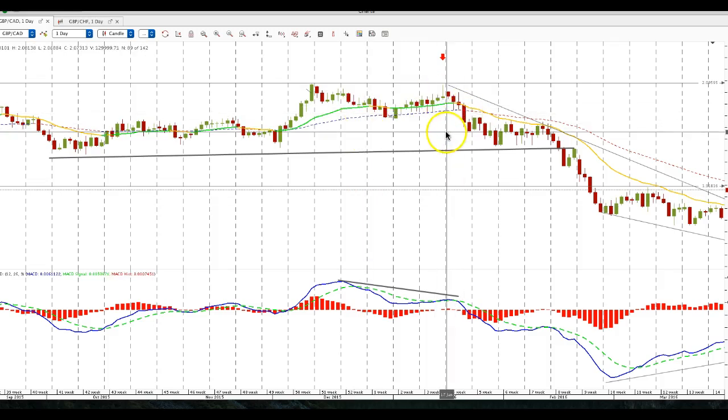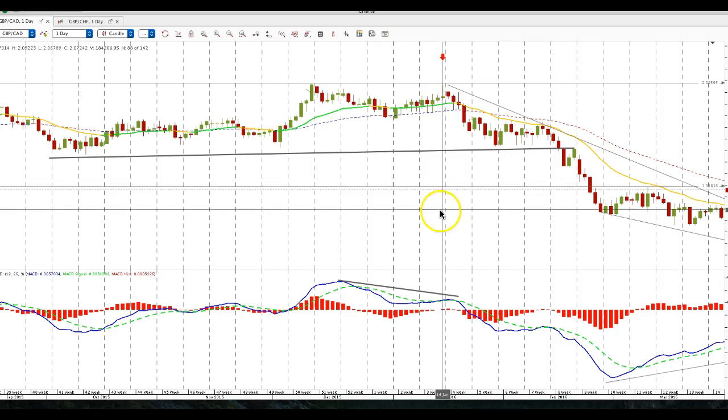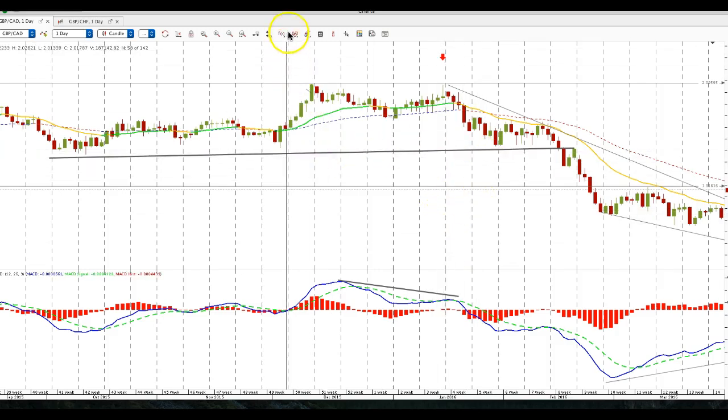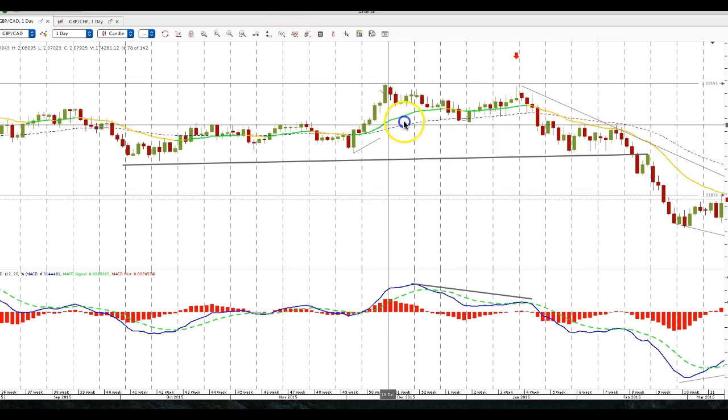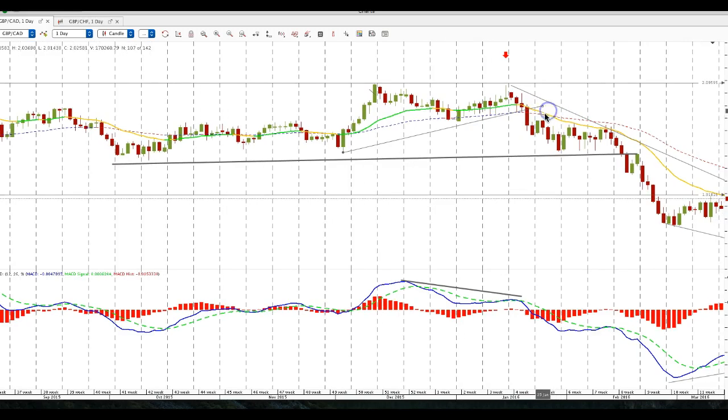You enter at, well, two places you could have entered. There's a trend line break on top here, and I most likely would have taken a trade at the break of this trend line, because you notice the two lines, the 50 and the 200 moving average line, are crossing to the downside.